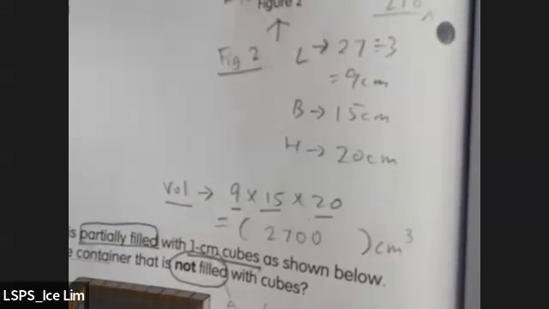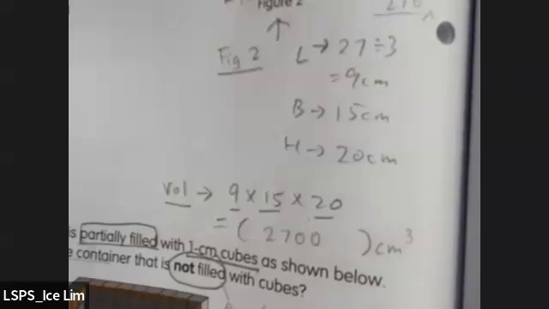What is 4 times 4? 16. Okay, 16. Next, Ryan. 16 times 4. 64.